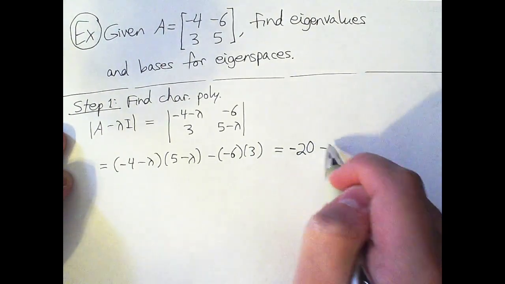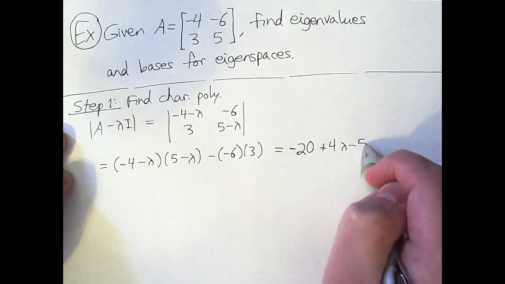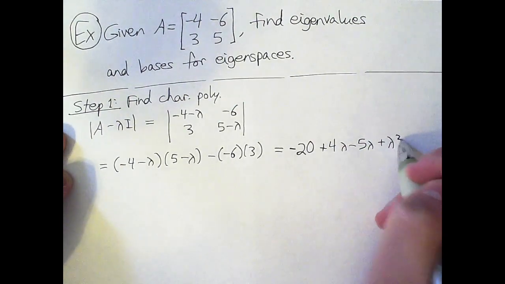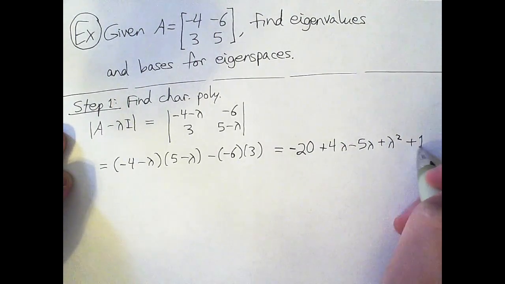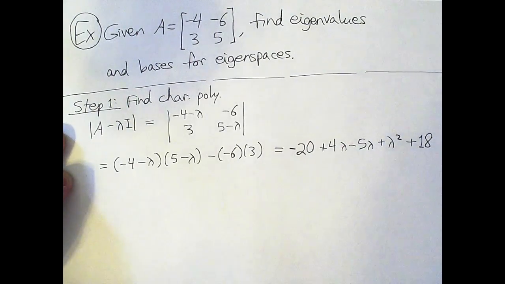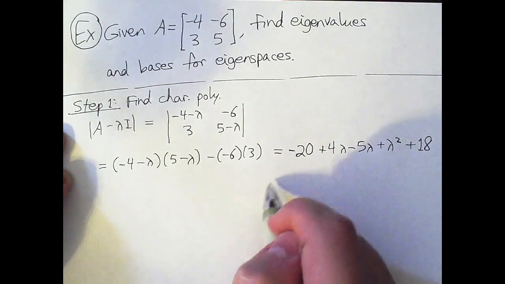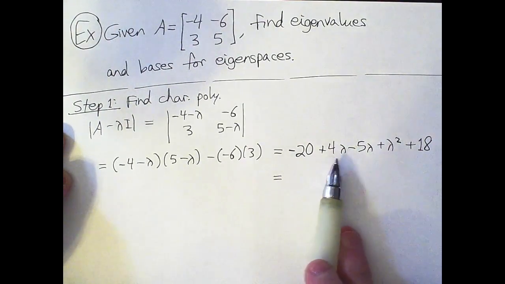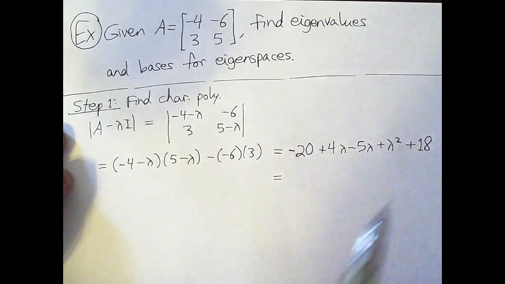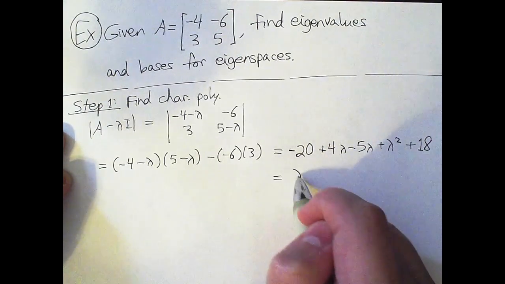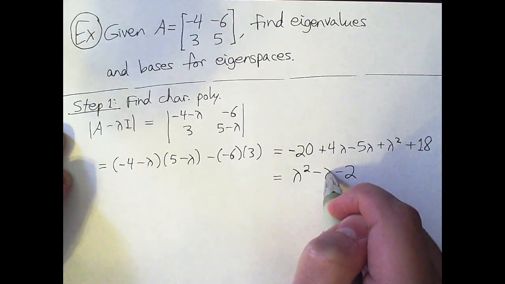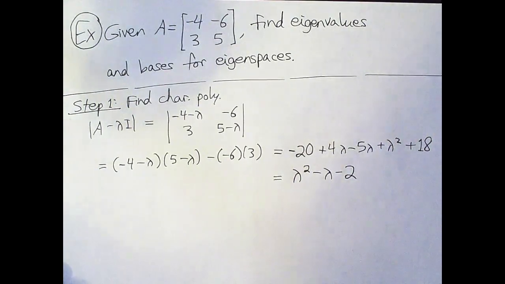Minus 20 plus 4 lambda minus 5 lambda plus lambda squared plus 18 from the 6 times 3. We've got a 4 and a 5 we can combine, a negative 20 and an 18. So altogether, I get lambda squared minus lambda minus 2. Okay, I think we'll be able to work with this. So that's the end of step 1.